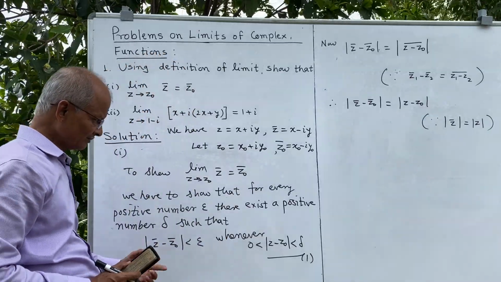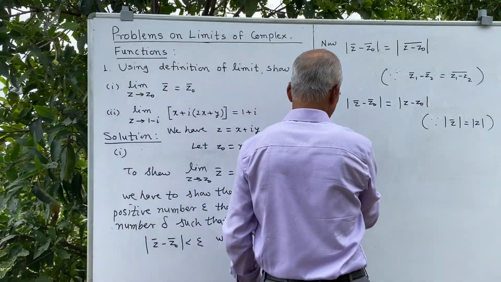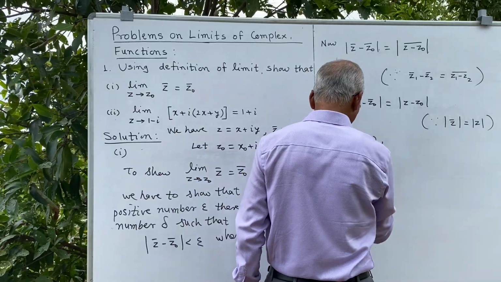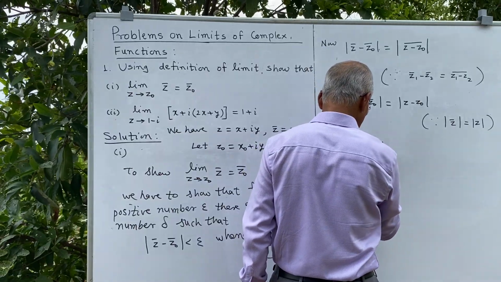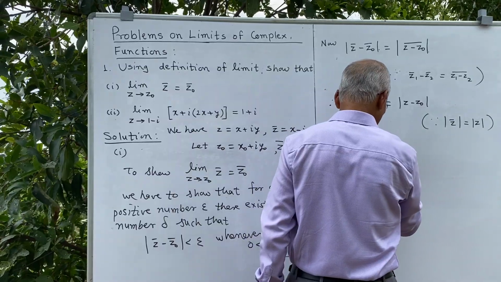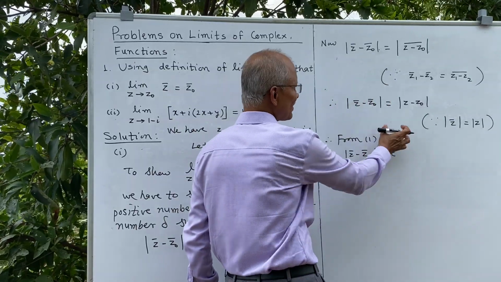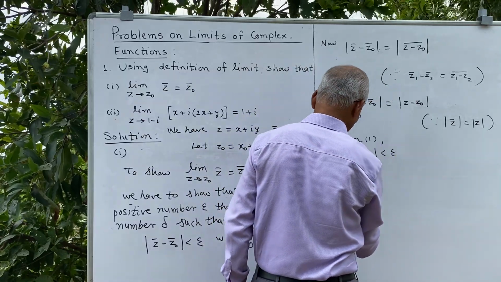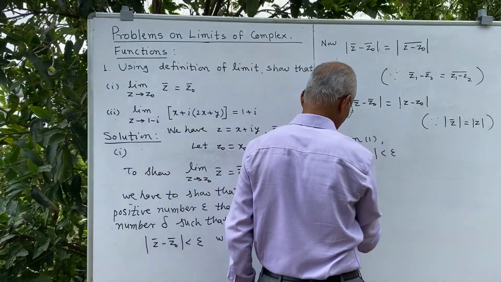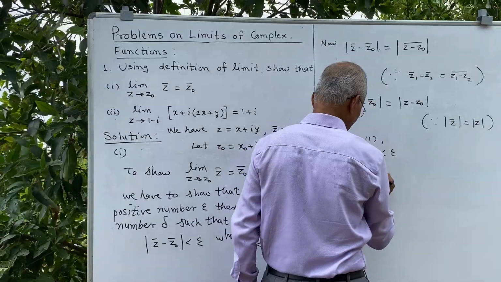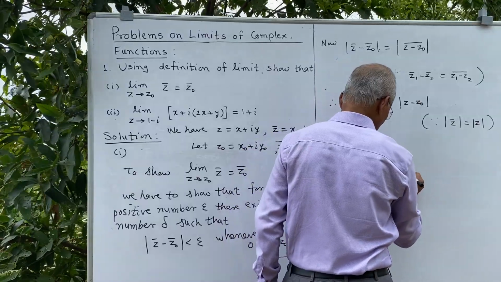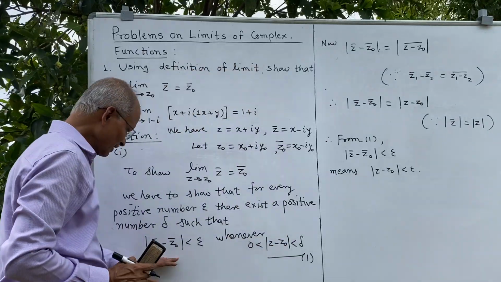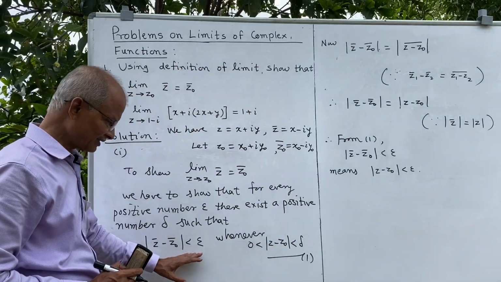Therefore, from 1, mod of z bar minus z naught bar less than epsilon means mod z minus z naught is less than epsilon.